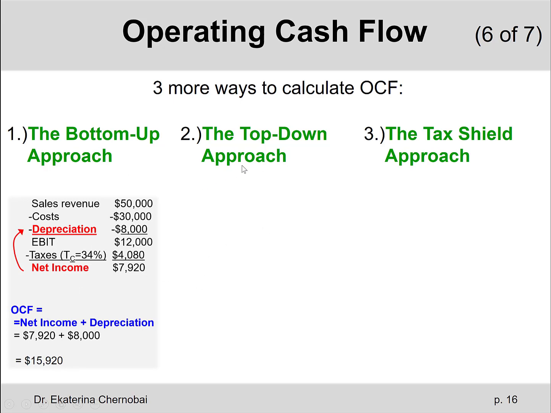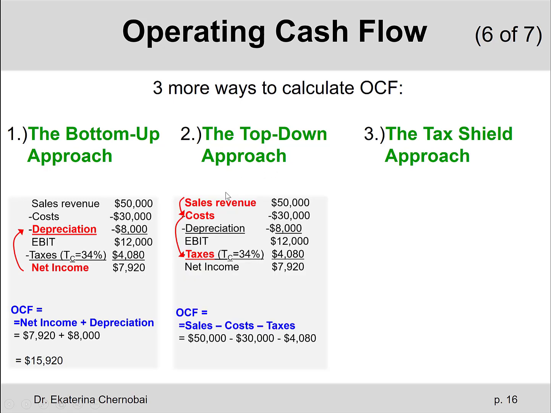How does the top-down approach work? Essentially, we start from the very top, from the sales revenue, and then we only subtract the expenses which are necessary to calculate the true profit for the year, or the operating cash flow. So sales revenue minus costs of producing. We don't subtract depreciation, we kind of skip it, and then we jump straight down to taxes and subtract those.